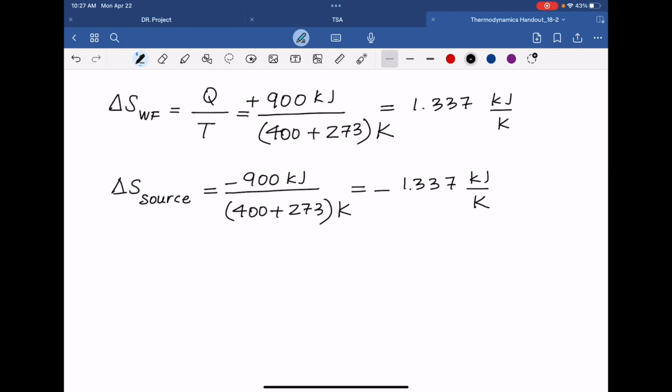So one is losing heat, one is gaining the heat. So we show those with positive and negative signs. And the temperatures are the same because it's an isothermal process, which allows this Carnot device to have no entropy generation. Because remember, within the universe, total change is equal to the sum of the changes of the subsystems, right?